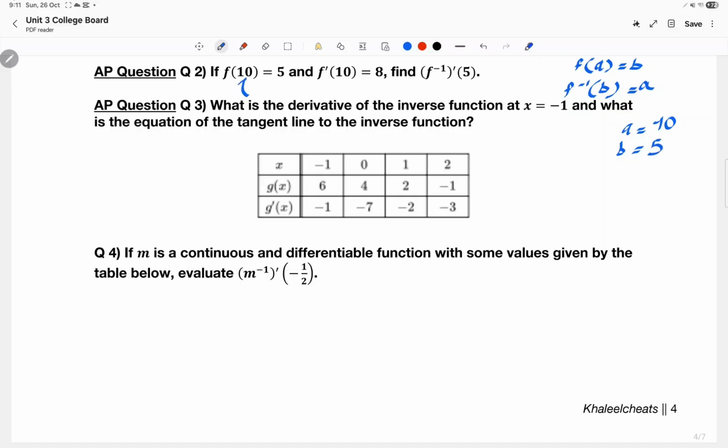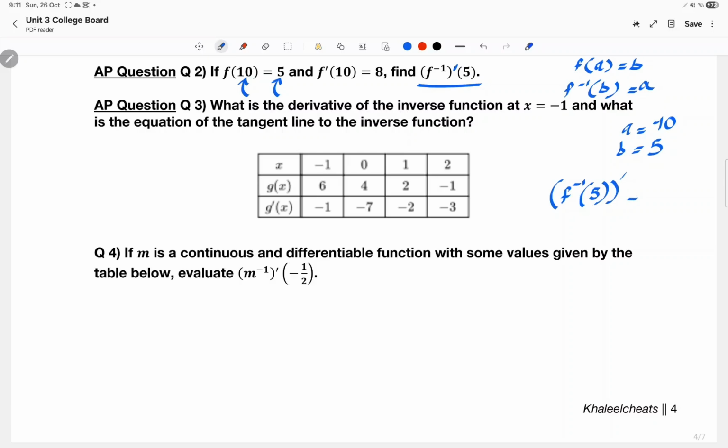So a is the 10, b is the 5. The question says find the derivative of the inverse function in terms of 5. That means the question wants us to find the derivative of the inverse function in terms of 5.